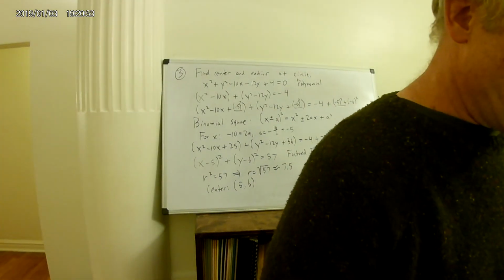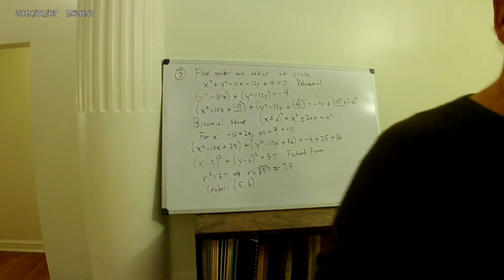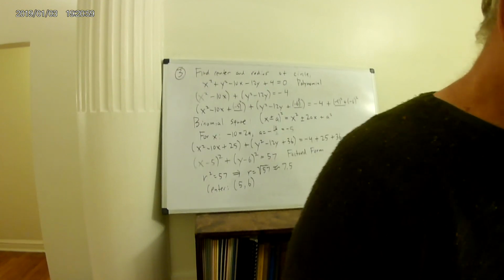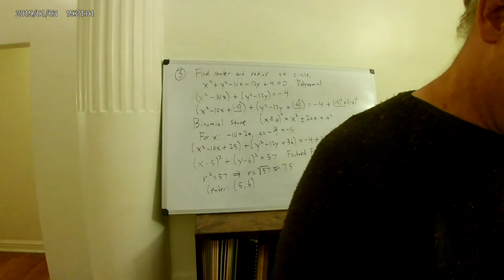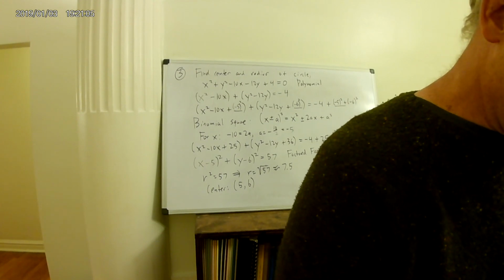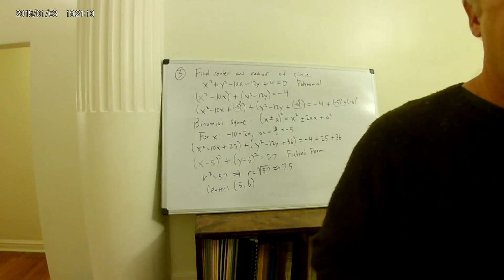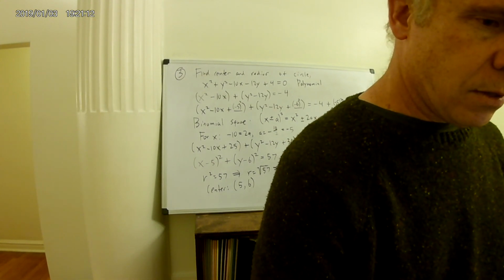And once more I'm going to go to my friend Desmos to do this. And so in this equation I have 57 equals x minus 5 squared plus y minus 6 squared. And now I'll show you guys this circle.